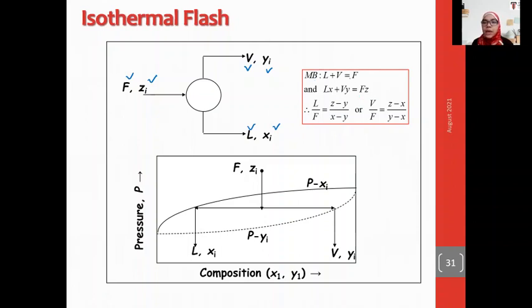By performing the balance, L plus V gives us the feed, via flash. This is the overall balance, and this is the component balance.